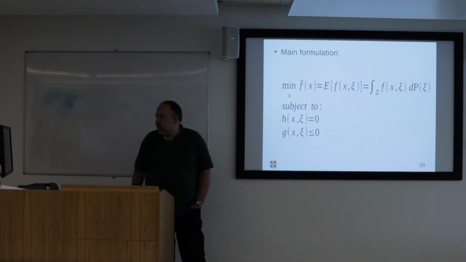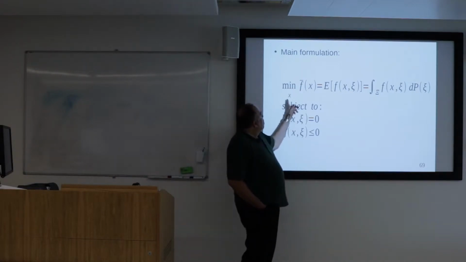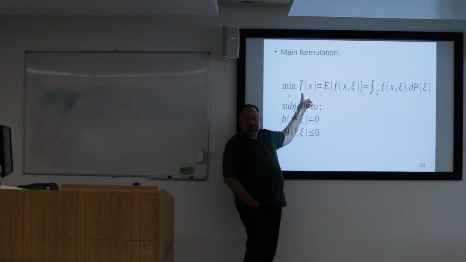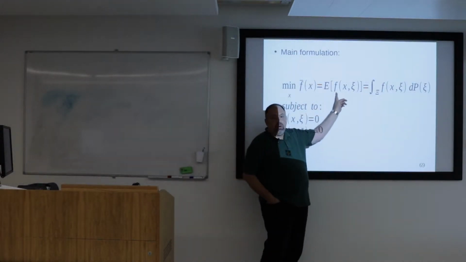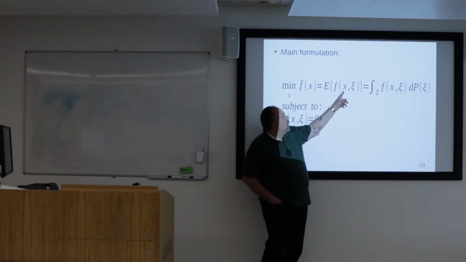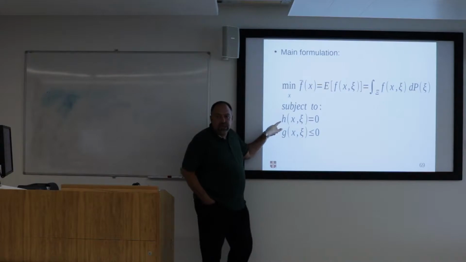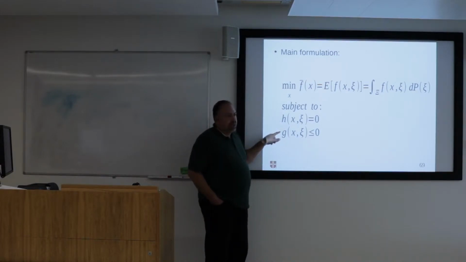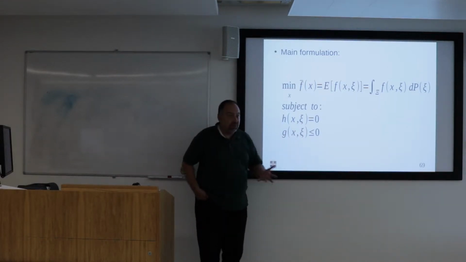So the main formulation is as follows. We want to minimize a performance index, f hat, which is the expected value of your actual performance index with respect to x. And it's subject to the usual equality and inequality constraints we had before. The only difference here is that they have extra arguments, which are the random variables, the parameters of the model.